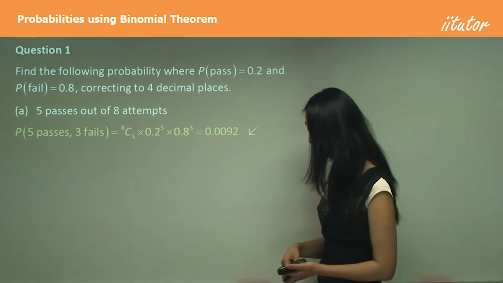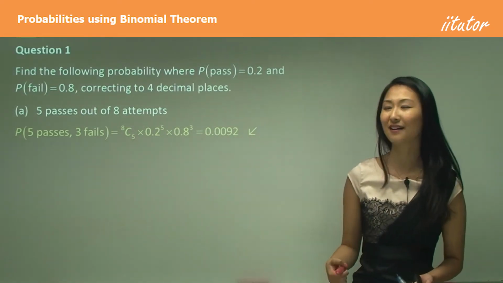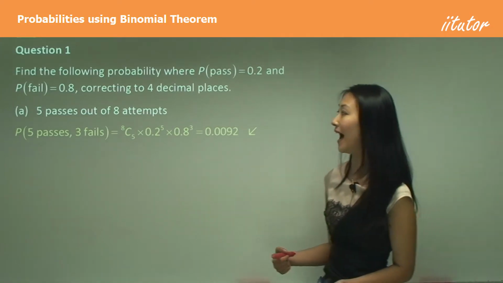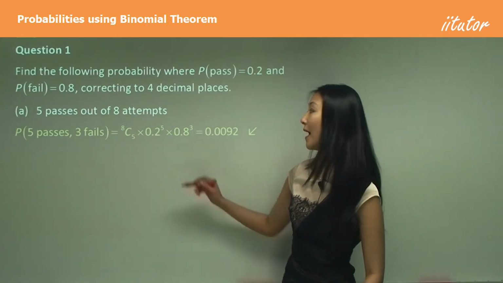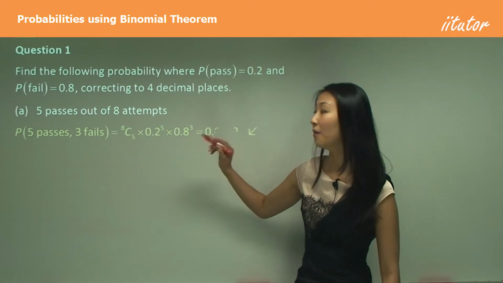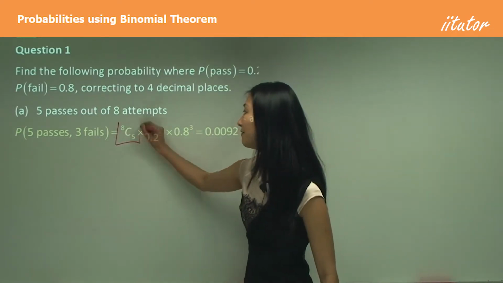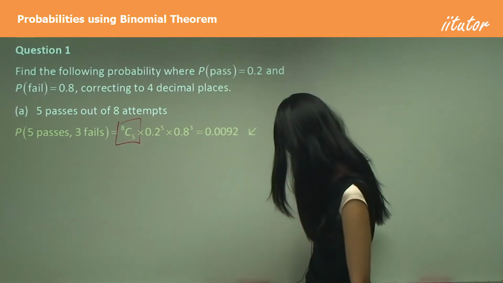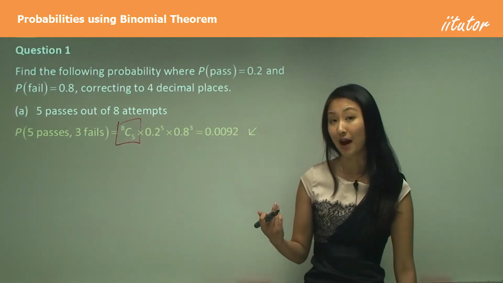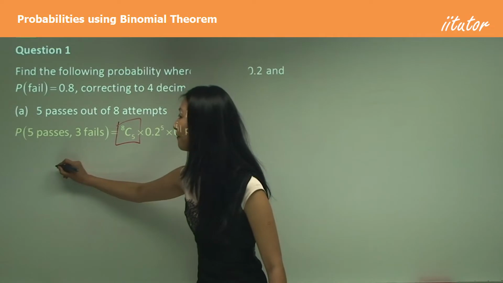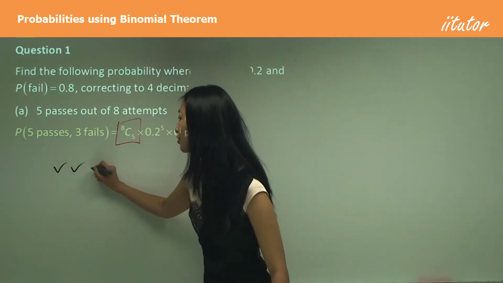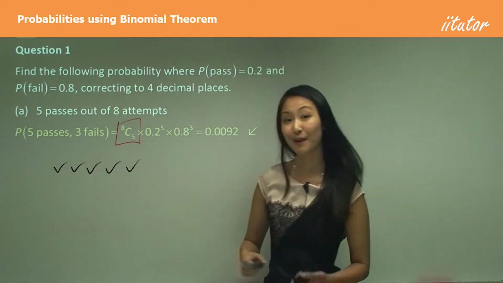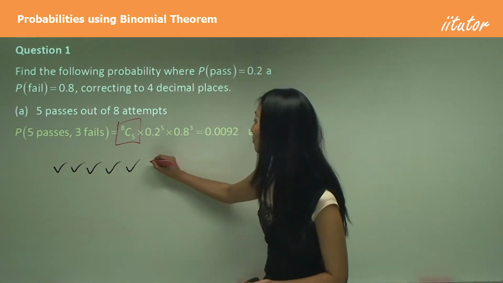Now, I know a lot of students are going to ask, well, I don't understand. If it's just 5 passes and 3 fails, why can't I just do this times that? Why do I need this 8C5 in front there? Well, this is why. So imagine if you have 5 passes, right? You can have 5 passes, so 1, 2, 3, 4, 5 passes, and then 3 fails here.